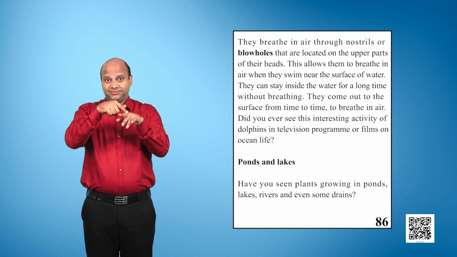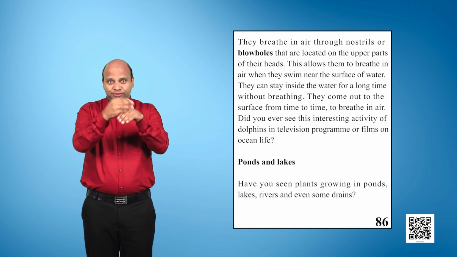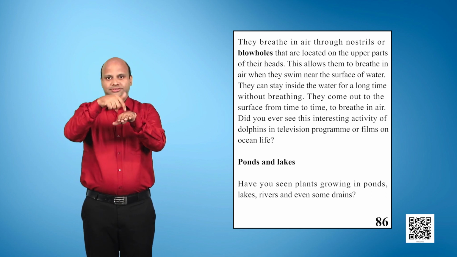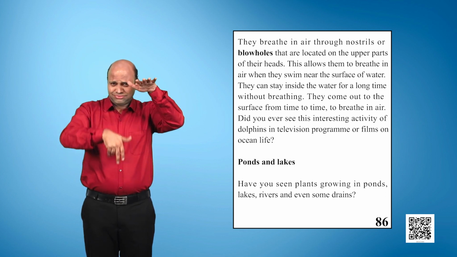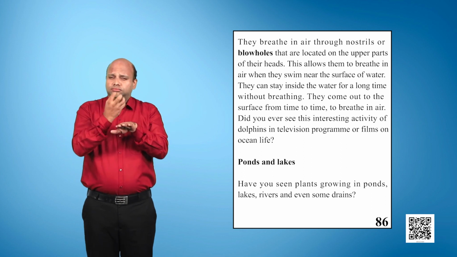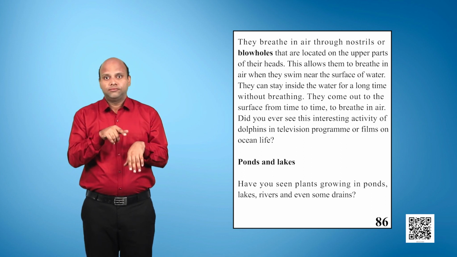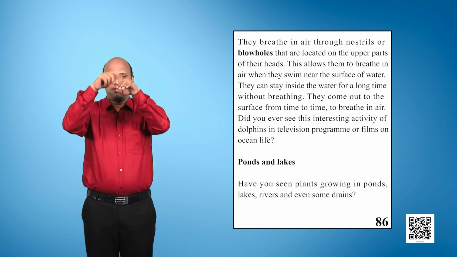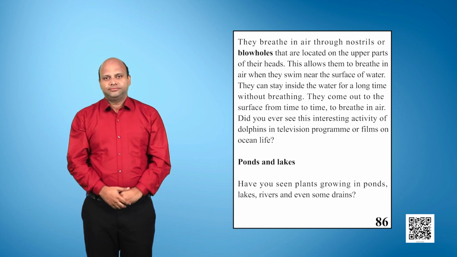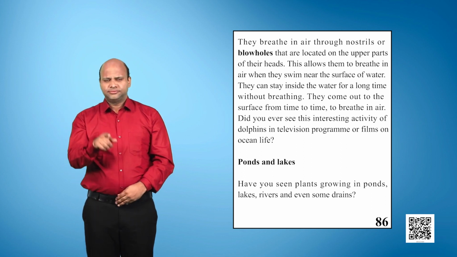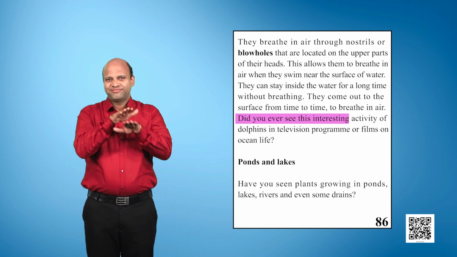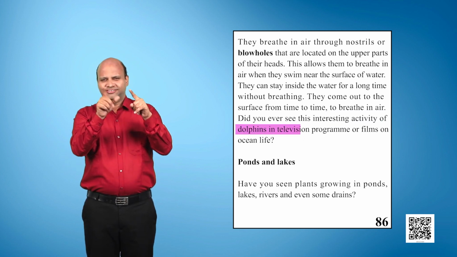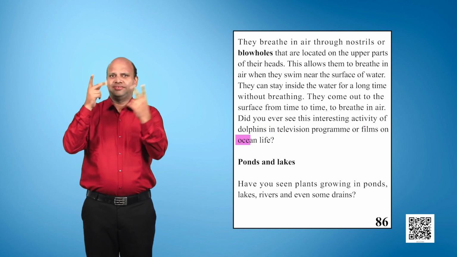This allows them to breathe in air when they swim near the surface of water. They can stay inside the water for a long time without breathing. They come out to the surface from time to time to breathe in air. Did you ever see this interesting activity of dolphins in television programs or films on ocean life?